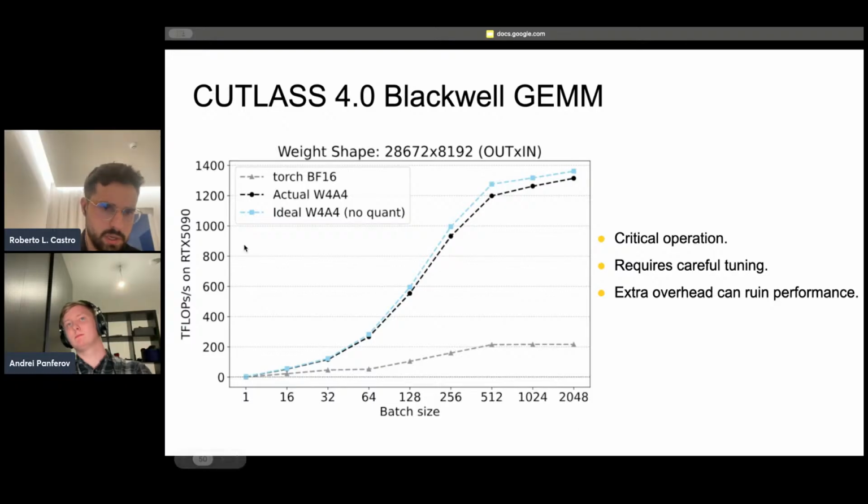In this plot over here, the matrix multiplication in 4-bit will be this blue line, and the black line will represent the online quantization that we have to apply to the input matrices in order to compute our result. So we have to implement this overall idea, trying to reduce as much as possible the distance between this blue line and this black line.